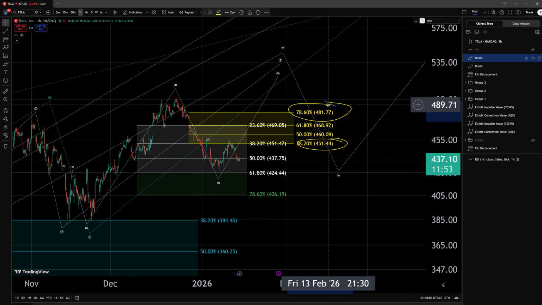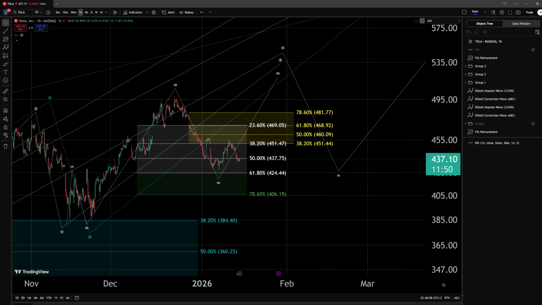A break above the 78.6% retracement, however, would signal that this structure is likely going to manage to extend higher.